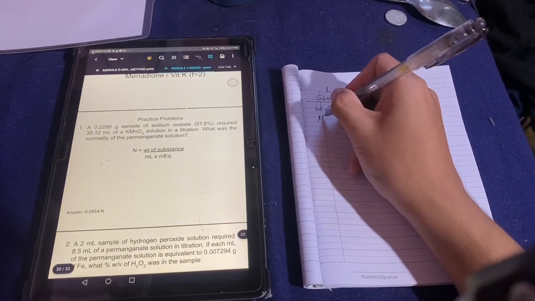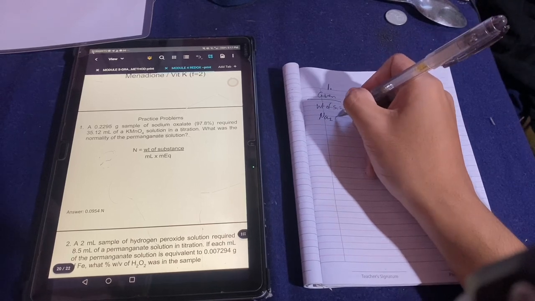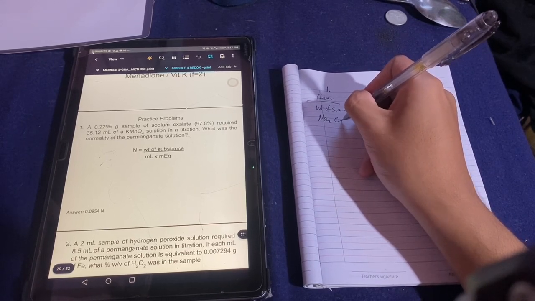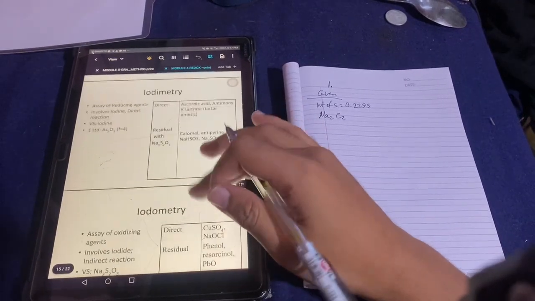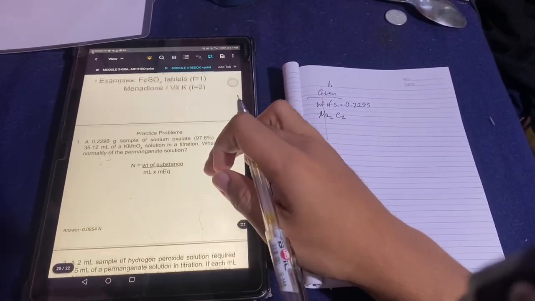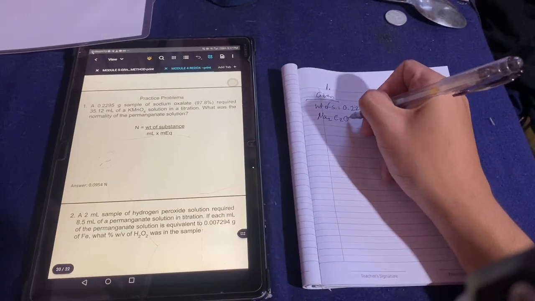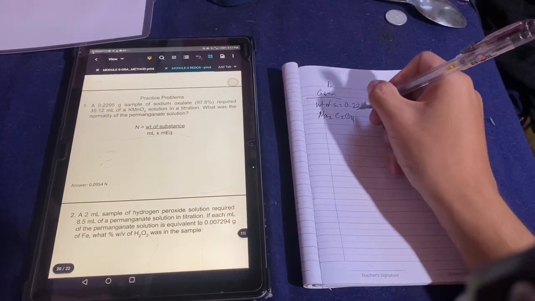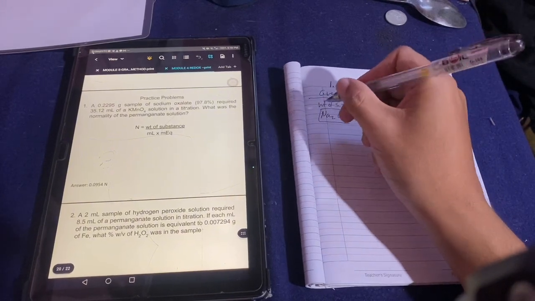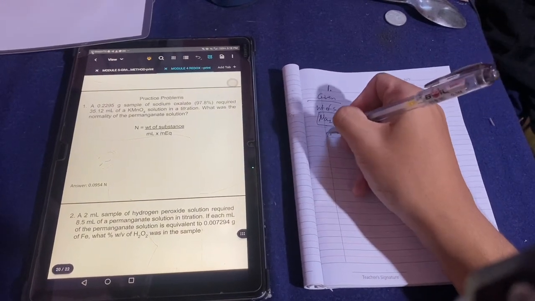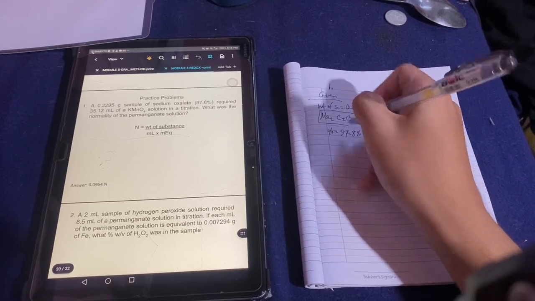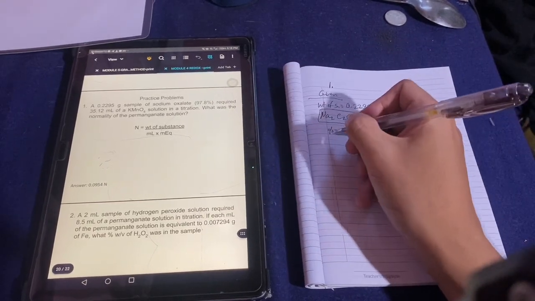As you know, its molecular formula is written like this: C2O4. Then the purity, which is a percentage, is 97.8% for the sodium oxalate.